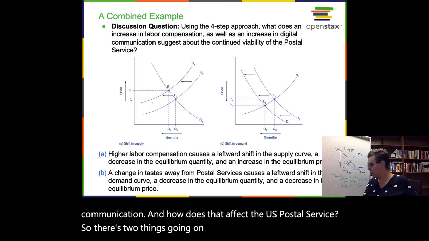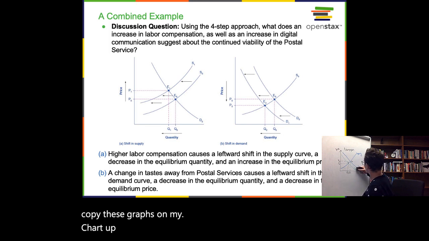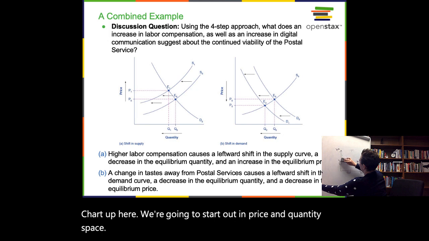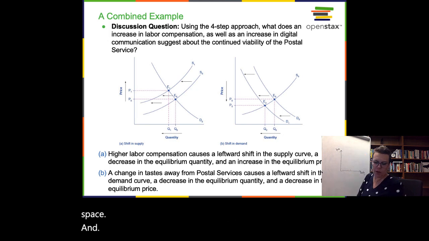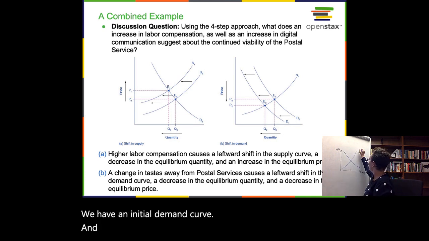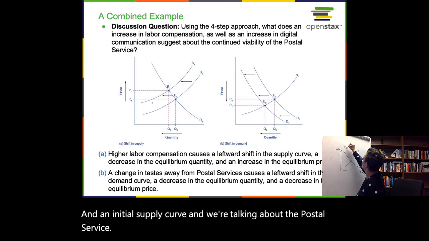I'm going to copy these graphs on my chart up here. We're going to start out in price and quantity space, and we have an initial demand curve and an initial supply curve. And we're talking about the Postal Service.